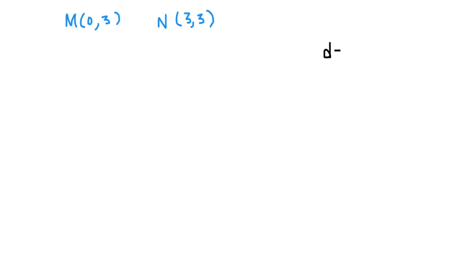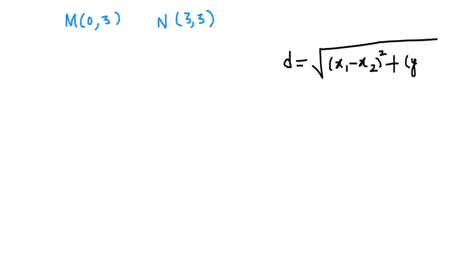D is equal to square root of x1 minus x2 whole square plus y1 minus y2 whole square.